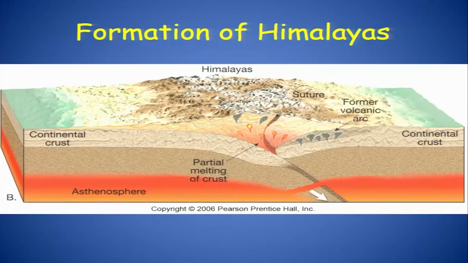As I told in one of the previous lectures, the energy getting stored because of the ongoing collision between the two continental plates has crumpled and resulted in the buckling up of the material, and the material from the Tibetan side is coming over the Indian plate. So these rocks are getting folded, and a time will come when this will get fractured.